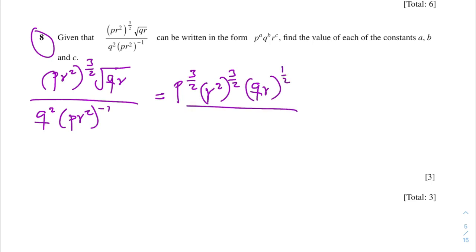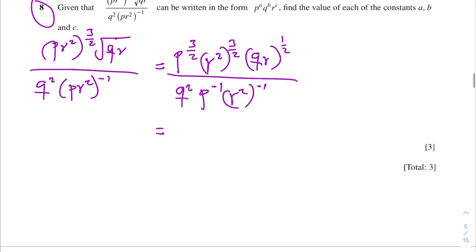Okay. Now the denominator, we have Q square, and then we have P to the power -1, and then we have R square all to the power -1. So we have P to the power 3/2, then we have the R. This 2 will cancel out with these 2, so we are left with R cube.